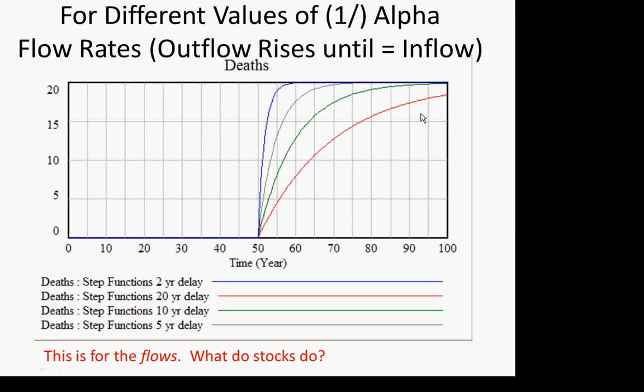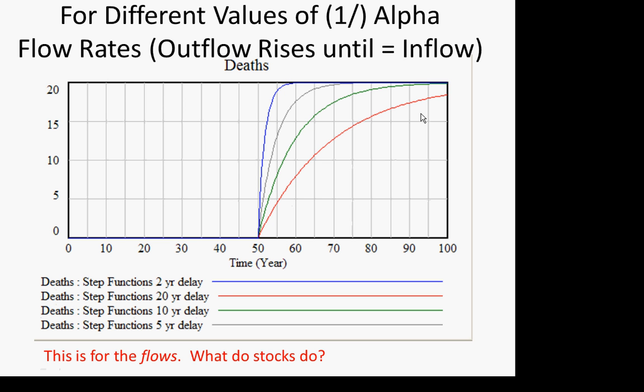So here with the outflow, no matter how long the delay is, as long as it's some finite quantity, it's going to be going to the inflow eventually, right? It's going to eventually reach closer, arbitrarily close to the inflow. It's going to get closer and closer and closer, right? It's the nature of the beast.